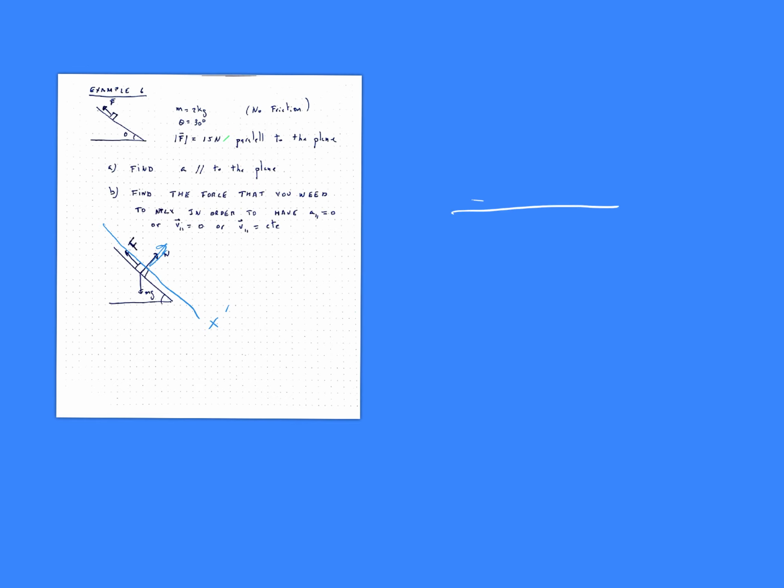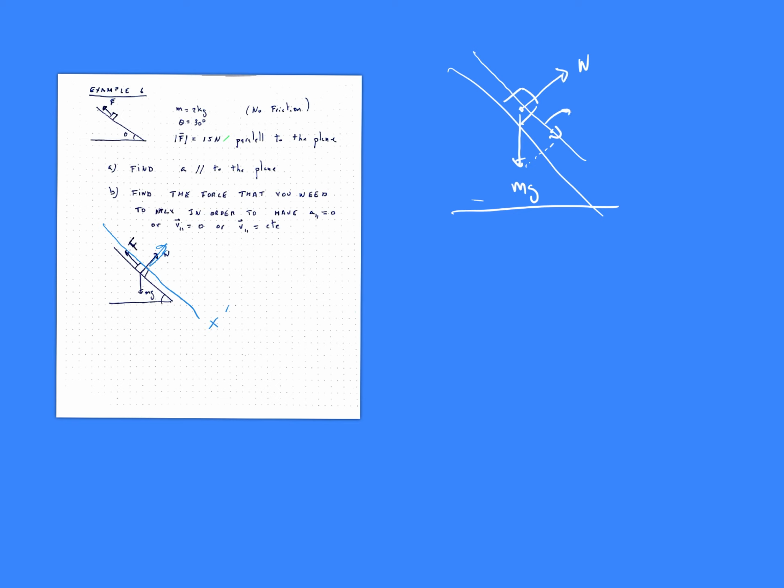This is the inclined plane, this is the object, and this is the weight, mg, going downwards. There is the normal force going upward, and the acceleration going downwards, in the x prime direction, is due only to the component of mg in this direction.